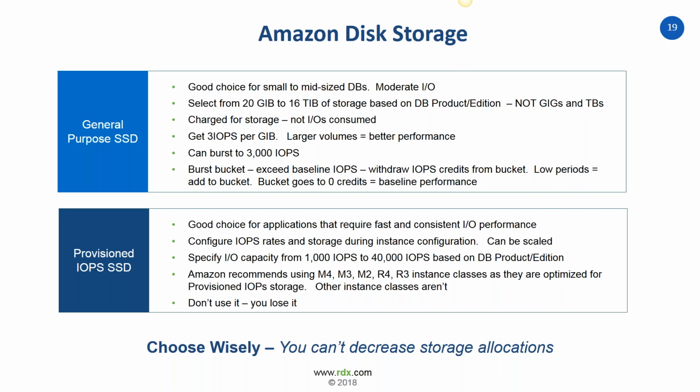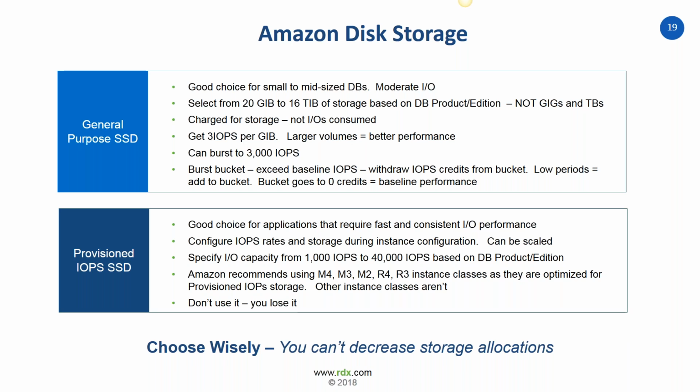This is a must-monitor set of metrics that you will need to evaluate regularly if you're going to use general-purpose volumes. Provisioned IOPS storage is better for I/O-intensive workloads, like databases. You specify the amount of storage you want, and then select the amount of dedicated IOPS you want to allocate to that storage. You need to remember with provisioned IOPS, it's a use it or lose it setting, month by month. You can't roll over unused IOPS. You can choose from 1,000 to 40,000 provisioned IOPS for your database instance.